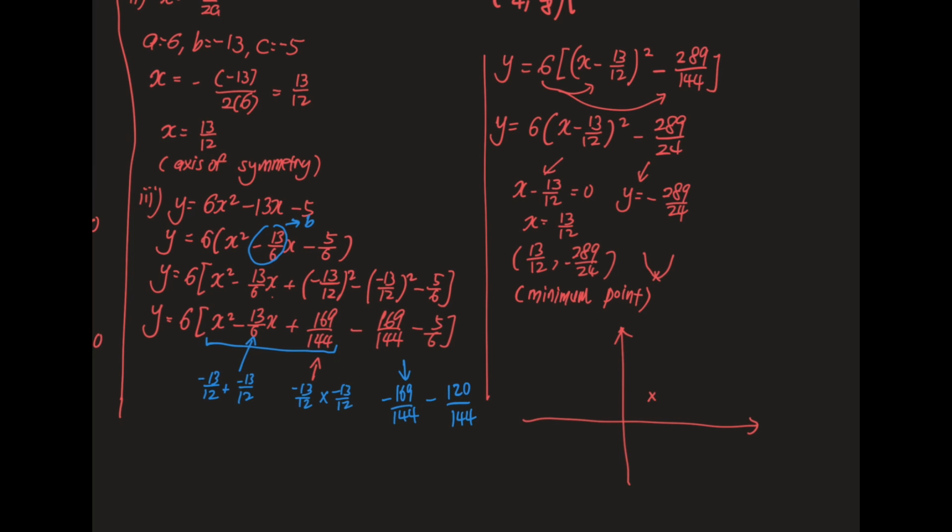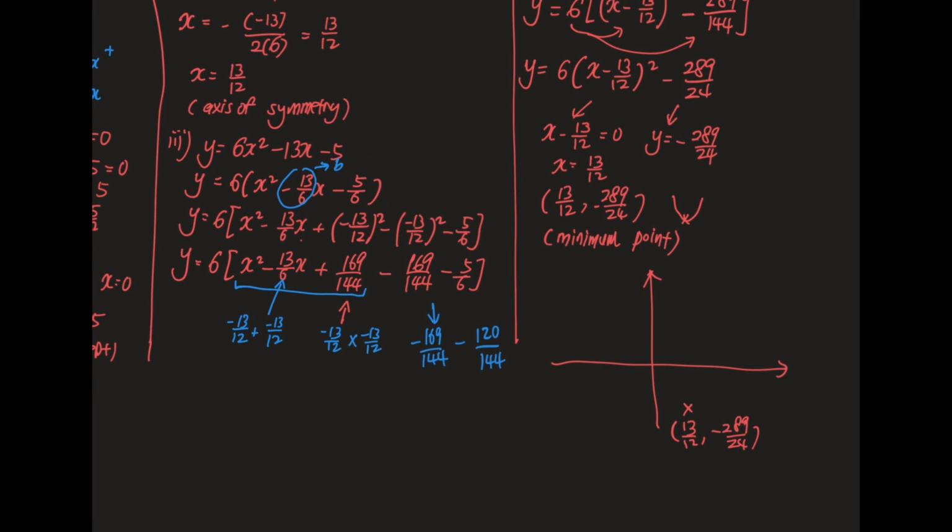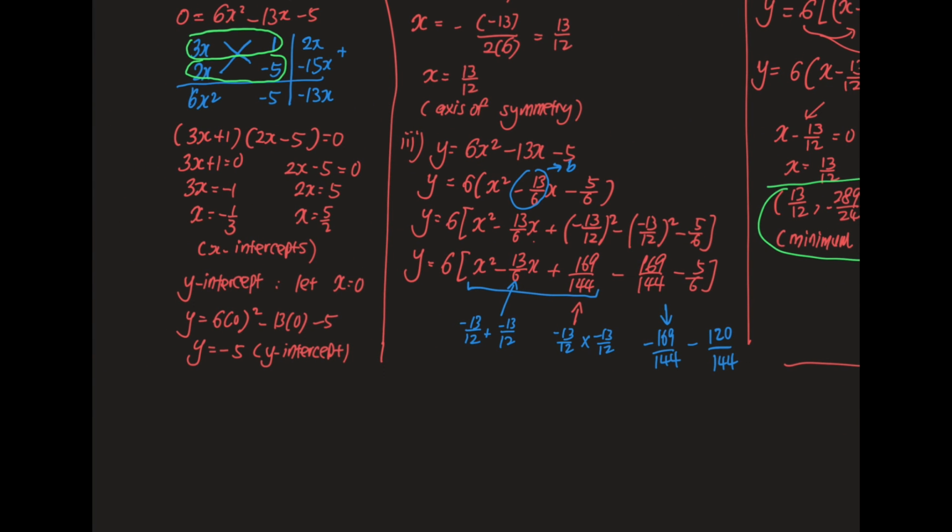As you can see here, negative. So the position should be somewhere below, should be here then. 13 over 12, minus 289 over 24. Now this is the minimum point.